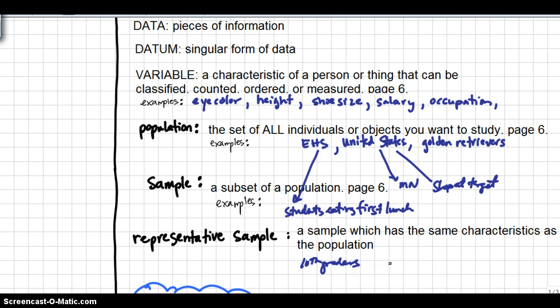There are also juniors and seniors in the building. So if I only took a poll or a sample of 10th graders to refer to everybody, that would not be a proper representative sample. Most of the time when we say that we're taking a sample, we mean representative sample. So keep in mind that sometimes when people say sample, they actually mean this idea.